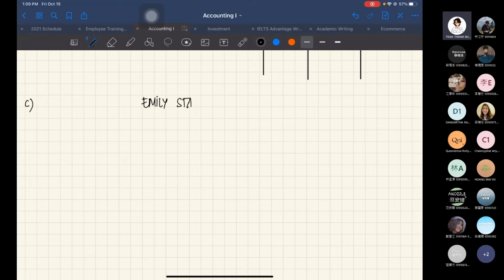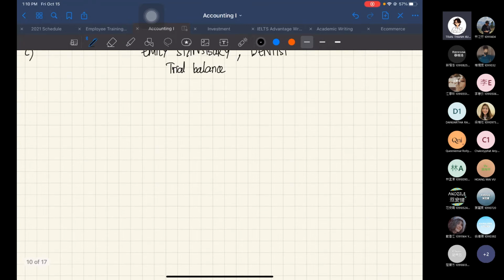Emily's Stanbury dentist trial balance. Okay, can someone tell me that? Did anyone finish it?